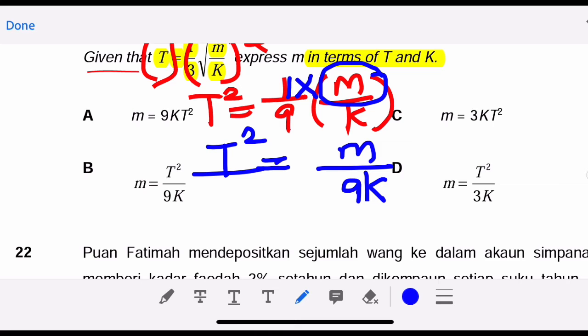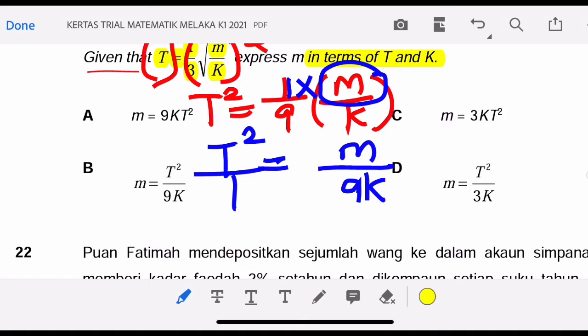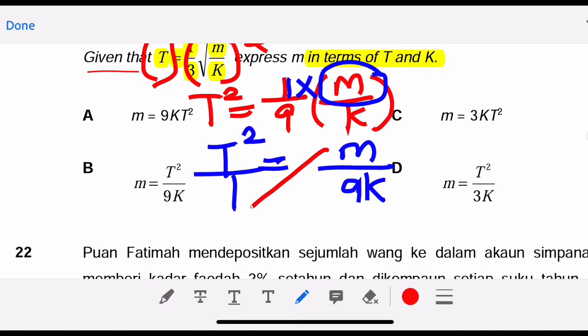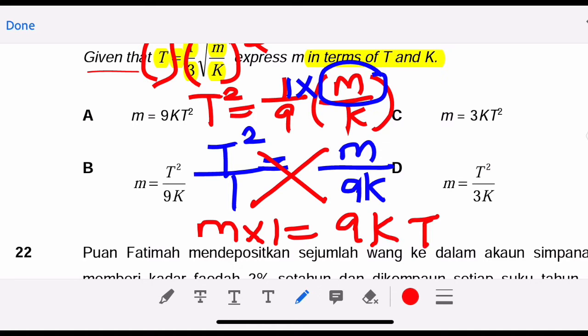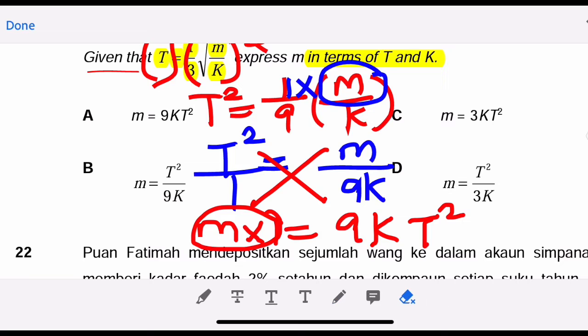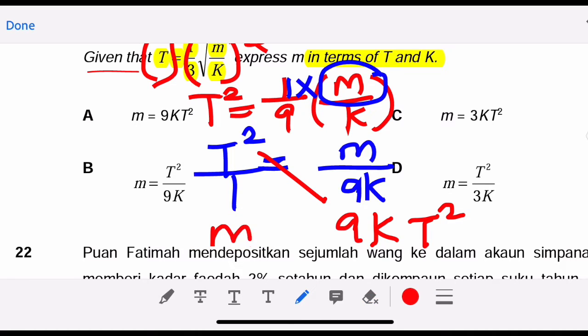Normally we will cross multiply like this. When you cross multiply, m times 1 is equal to 9k times t square. So that is 1m. Actually we don't write 1m, we just write m equal to 9k t square.